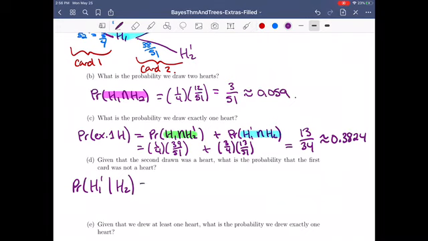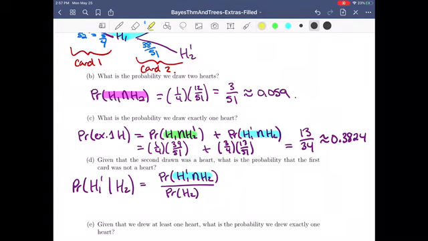Okay, so if we use our conditional formula, that's H1 complement intersect H2 divided by the probability of H2. Now we already did the top one, so it is in fact the blue path.